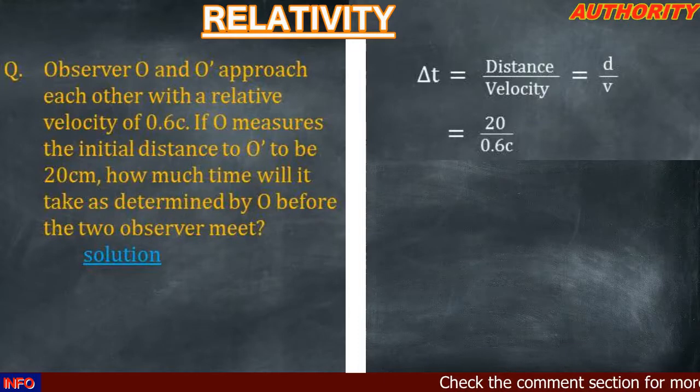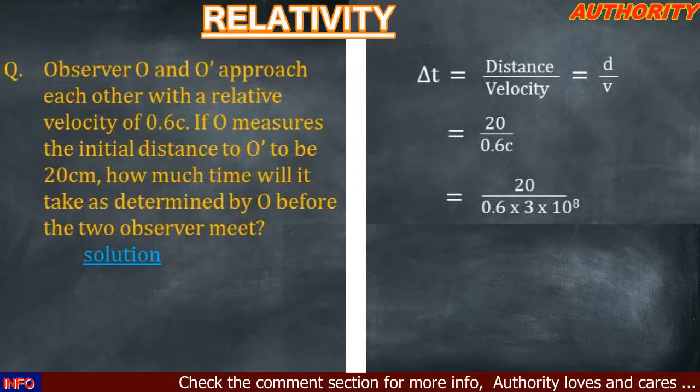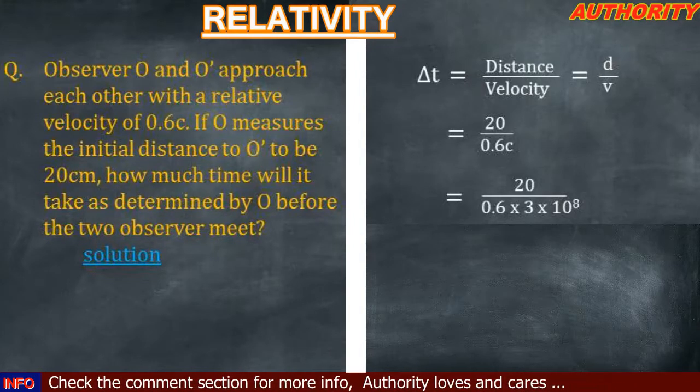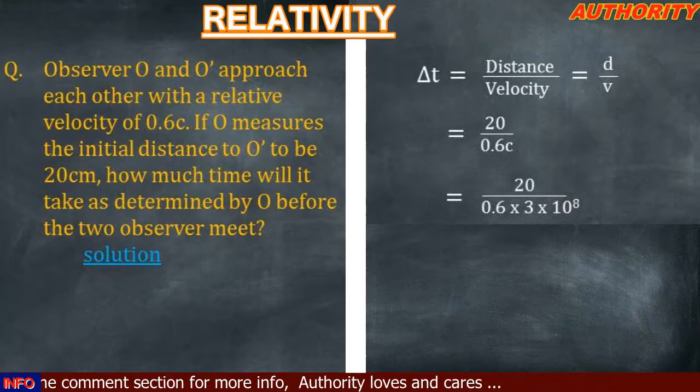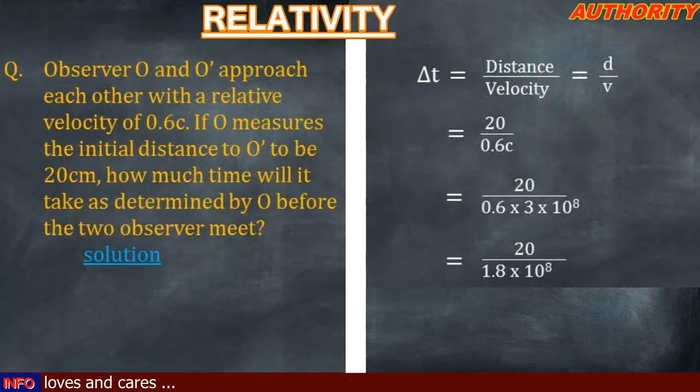Now, let's go. Let's fix it in. We're going to have 20 all over 0.6 times the speed of light, which is 3 times 10 raised to power 8. So when we say 0.6 times 3 times 10 raised to power 8, what is it going to give us? It's going to give us 1.8 times 10 raised to power 8.